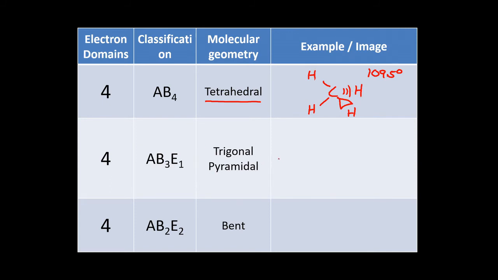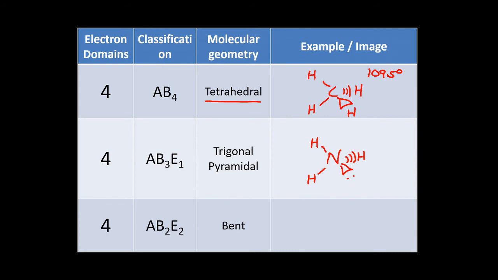If we replace one of those bonds with a lone pair, we would still have tetrahedral electron geometries, but the molecular geometry would now be Trigonal Pyramidal. And this is something that ammonia has.